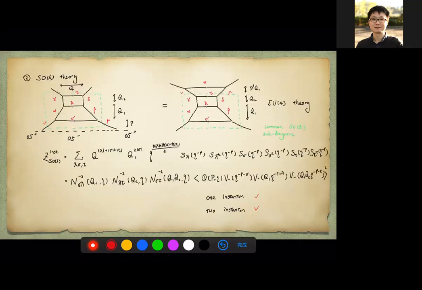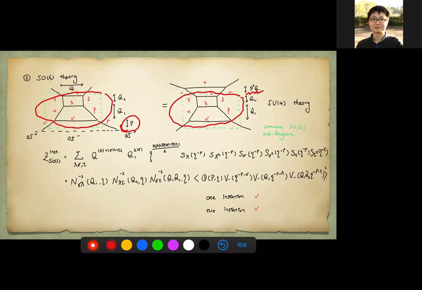And also for SO6, it's isomorphic to SU4, and the equality works in this way. We have this kind of subdiagram, and it really shows up in the subdiagram here in the SU4 theory. We will have another Coulomb branch parameter, encoded in this P, that's a distance with the orientifold.